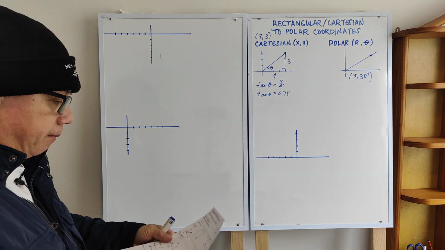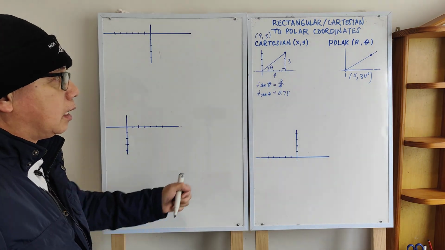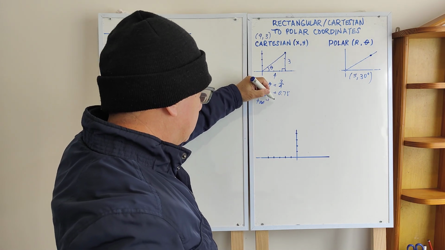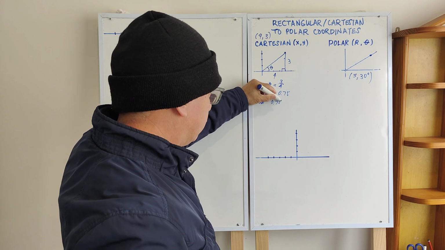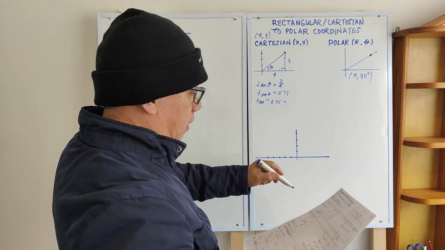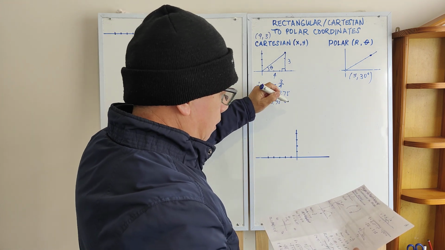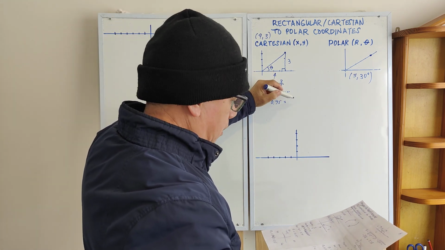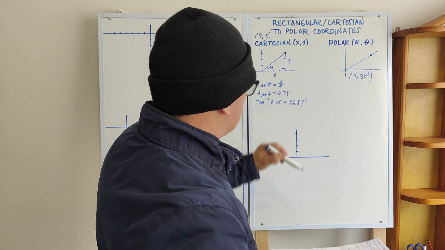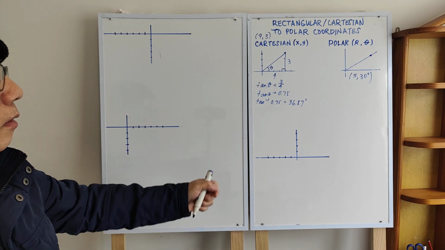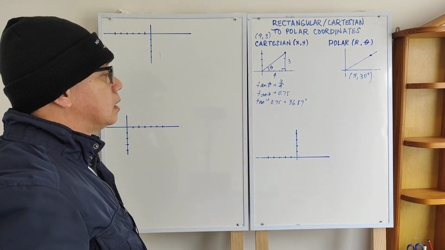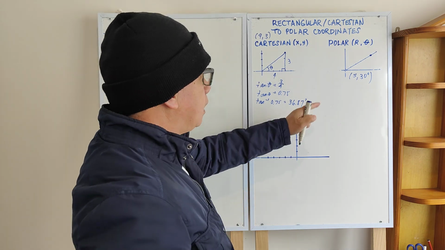To get the angle theta, we get the inverse tangent of 0.75, that would be 36.87 degrees. So your angle is 36.87 degrees.